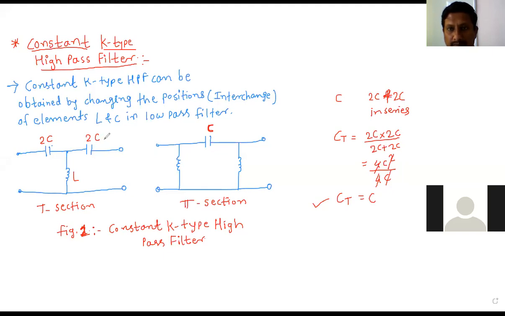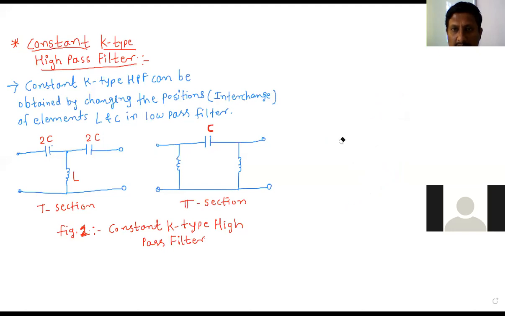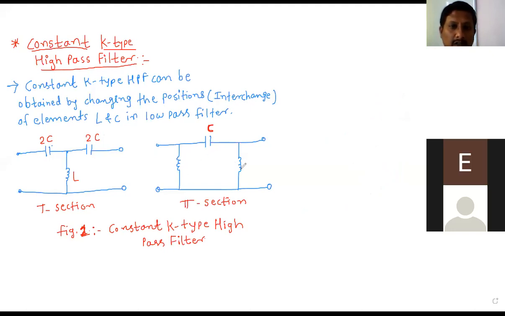Everyone? Okay. Now next thing, in case of pi section, two inductors are connected in parallel or in shunt. What will be the value of inductor then? 2L and 2L. Yes, both inductors are connected in parallel.